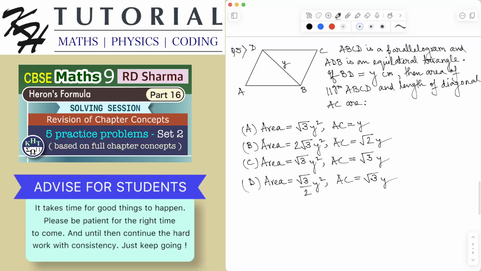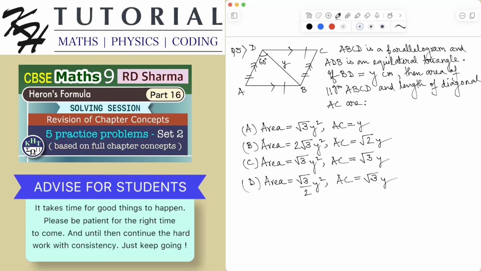So it is given ABCD is a parallelogram. So this is parallel to this, this is parallel to AB, and AD is parallel to BC, and of course DC is equal to AB and AD is equal to BC. Now ADB is an equilateral triangle, which means this is 60 degrees.